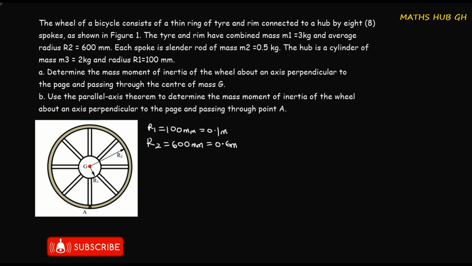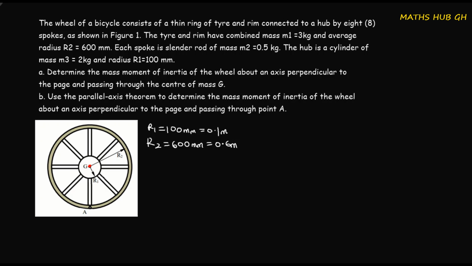Perpendicular to the page is like a line protruding through your screen and it is perpendicular to your screen. So that's what perpendicular to the page means. So you have to find the moment of inertia of this whole body around the axis perpendicular to the page and passing through the center of mass G.